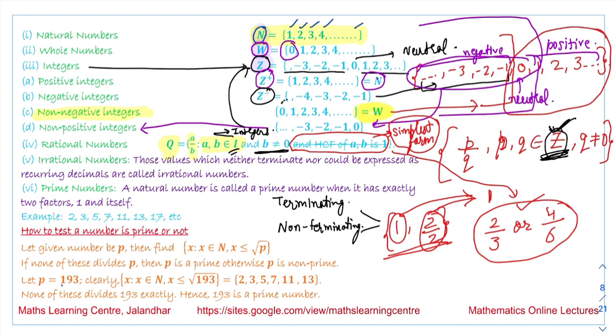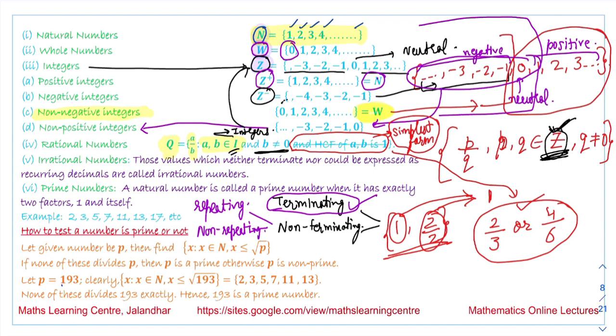If any value is given to us which has a terminating decimal representation, then we say that it is a rational number. For the non-terminating case, two further cases arise: either it is repeating or it is non-repeating.